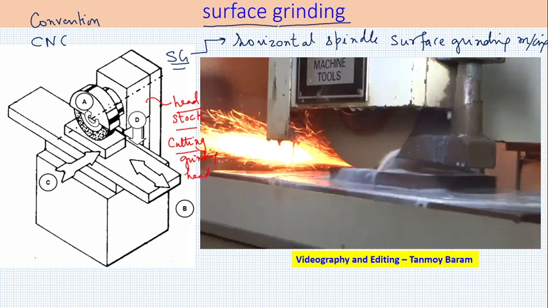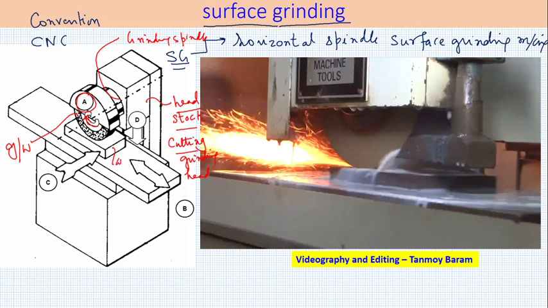What it does is that this is the grinding spindle, and on this grinding spindle is mounted the grinding wheel. The grinding wheel rotates in a particular direction, in this case clockwise. So there is one motion required, which is motion A, the rotary motion of the grinding wheel.